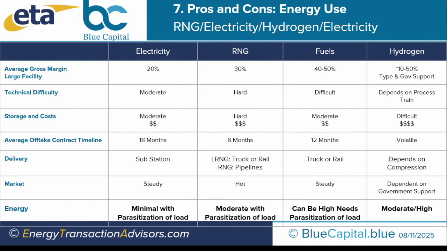Oftentimes you need to heat up your syngas in order to make those products. Those products require catalytic reactors, so your syngas needs to be clean, and unfortunately, a lot of times you have to cool your syngas down to clean it, and then reheat it back up to do those type of reactions. So thermodynamically, it's kind of a bummer, but that can lead to higher parasitic loads.